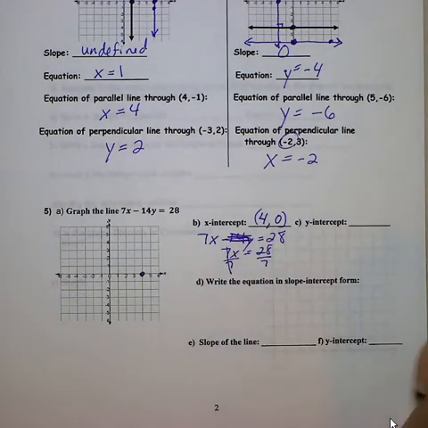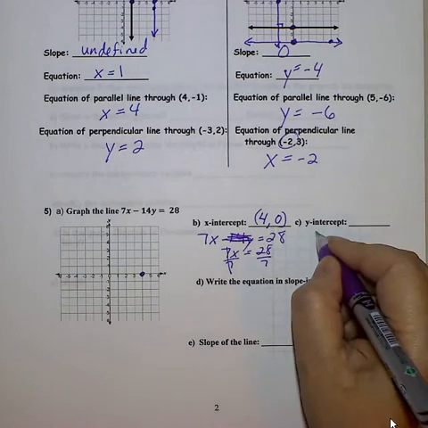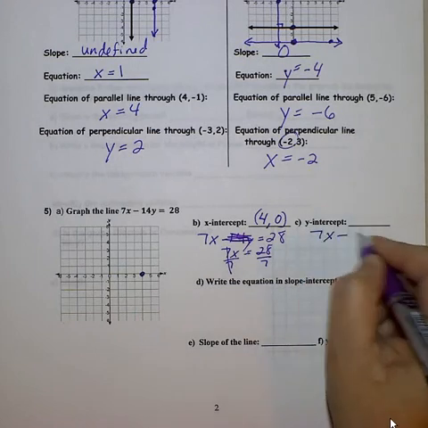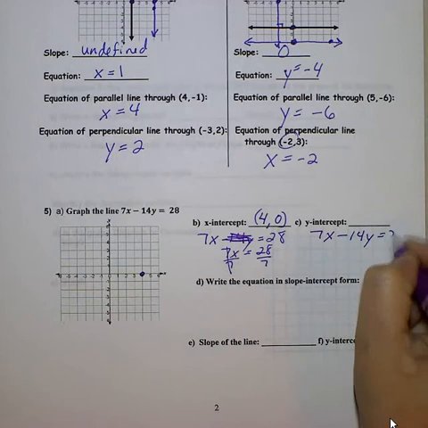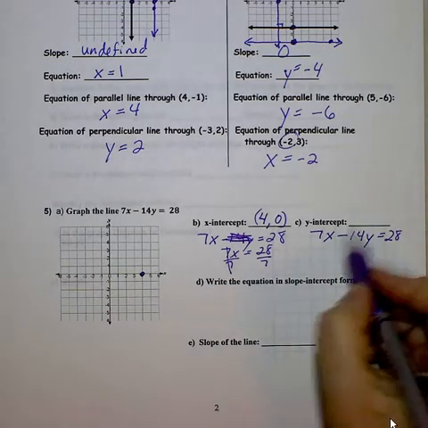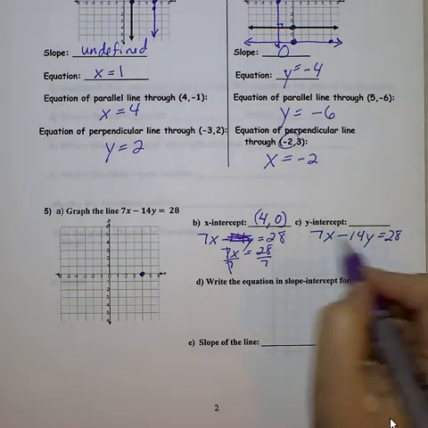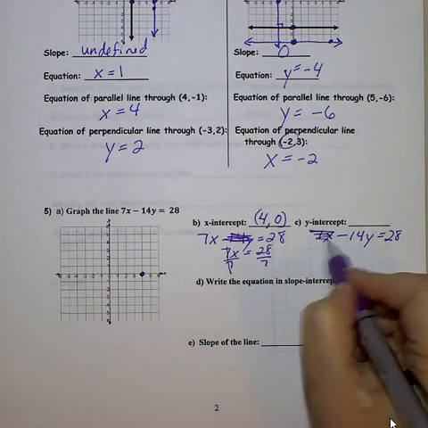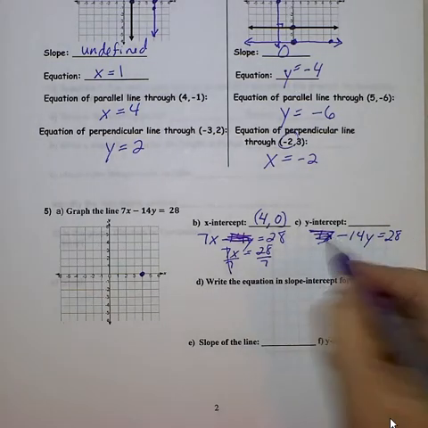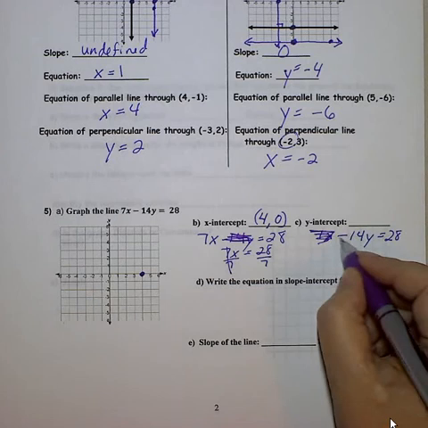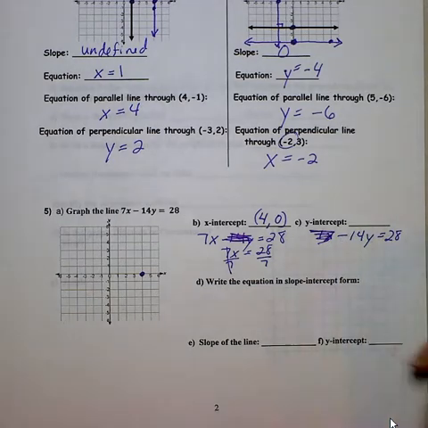My y-intercept, we take 7x minus 14y is equal to 28. And we want to get our y, so we're going to put 0 in for x here. 7 times 0 is 0, so I can get rid of it. So now I have negative 14y equals 28. I divide by negative 14.